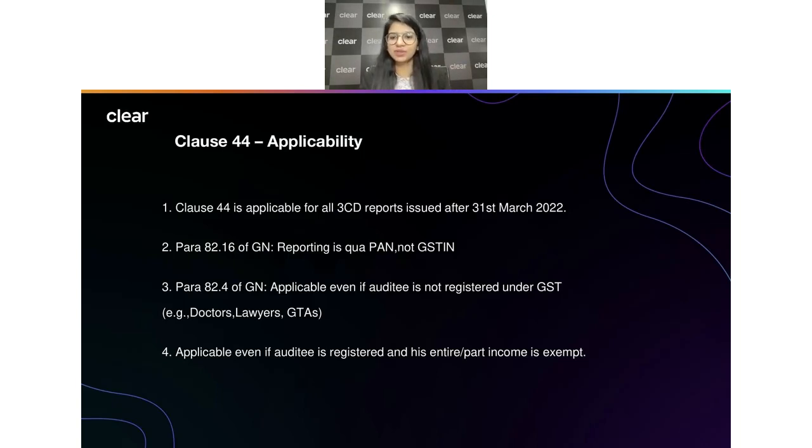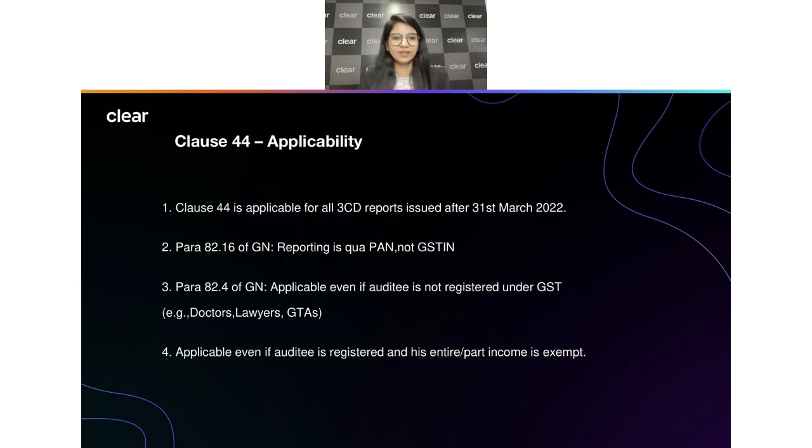I could see answers from Sujana who says no, Yashpal says no, Purnima says no, Sachin says no, Avnish, Abhinav, Dipesh, everyone saying no, right? So I think you all have correctly answered. Which means you clearly understand this clause 44 is not dependent on whether I am registered under GST or not.